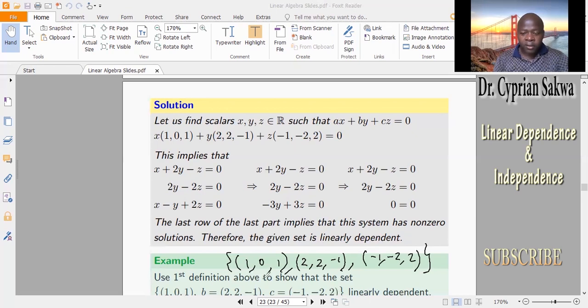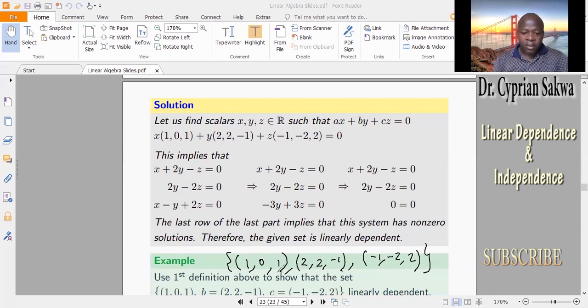Remember the first definition: we say that vectors will be linearly dependent if one of the vectors can be written as a linear combination of the other vectors. So I just want to see whether it is possible that the first vector can be written as a linear combination of these other vectors.